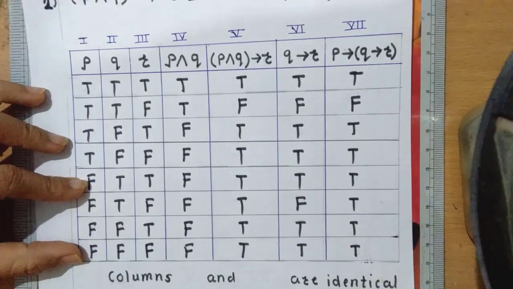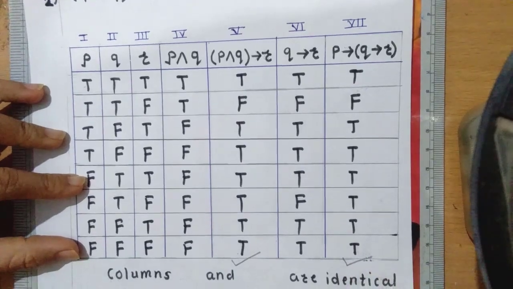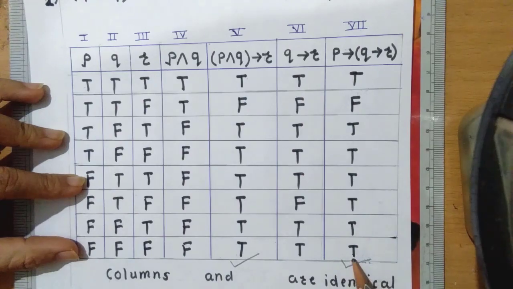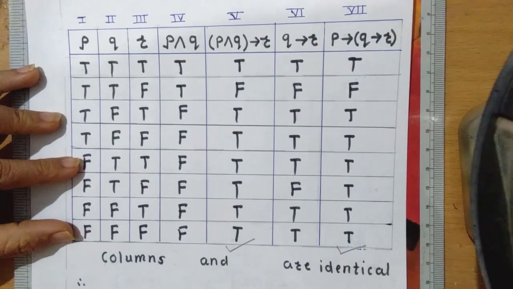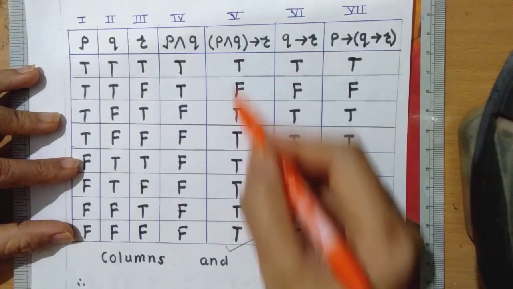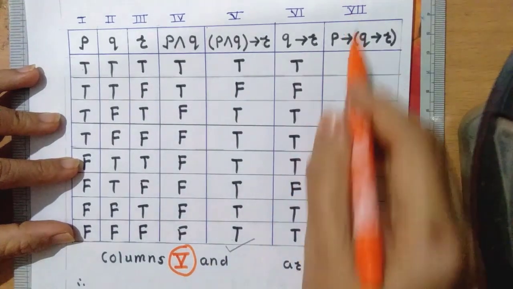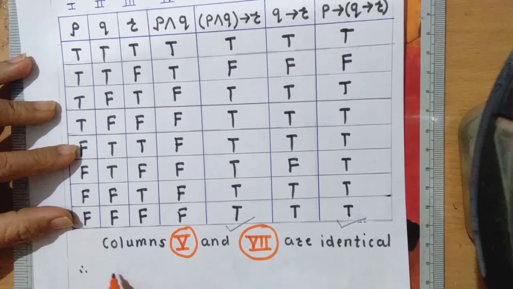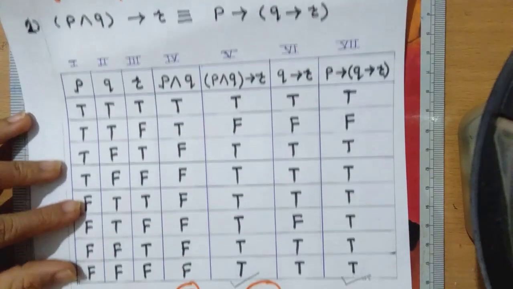So again check this column and this column. All truth values TF all T, TF all T, that means all truth values are identical. So mention here column number 5 and this column number 7 are identical, and therefore write down the first statement as it is.